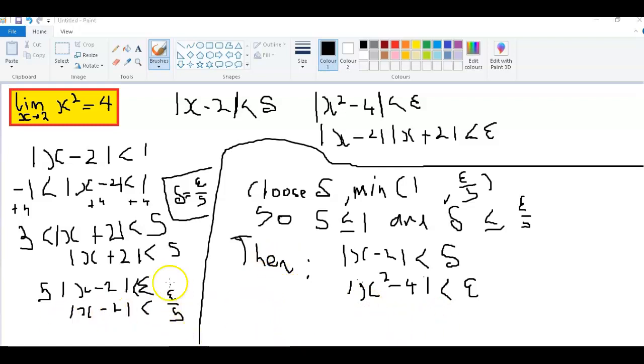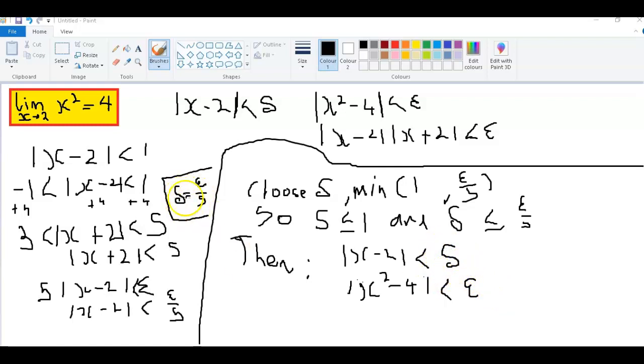So now we have a problem, because s over here, which is delta, is not the same as this. I want to make this delta, because remember, everything I'm doing here is considering delta as the main person. So what I can do is rewrite epsilon with reference to s.